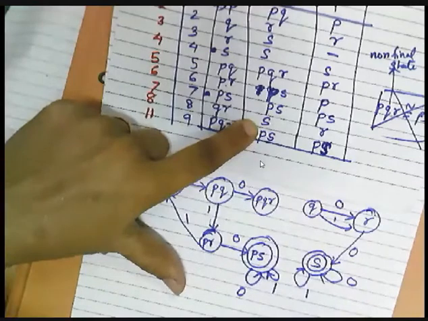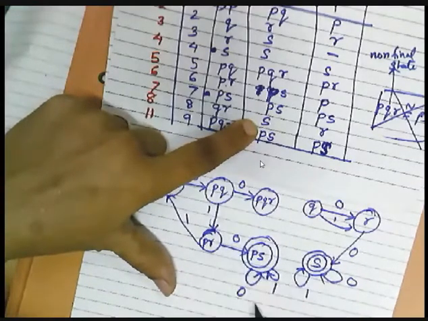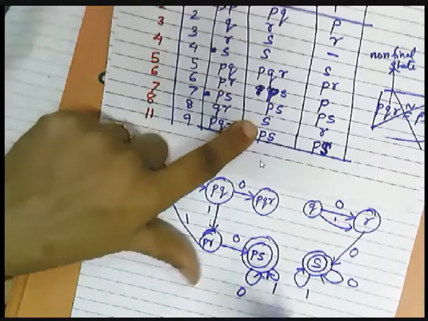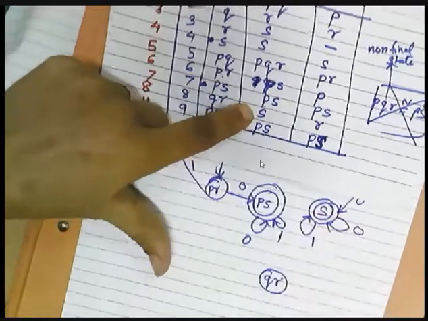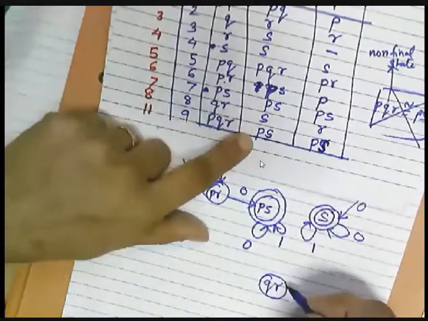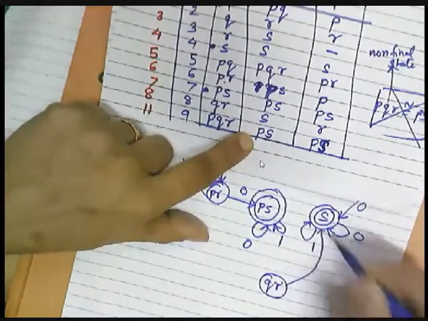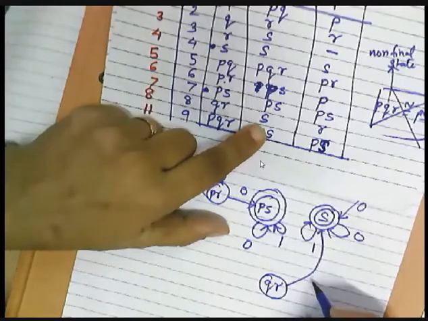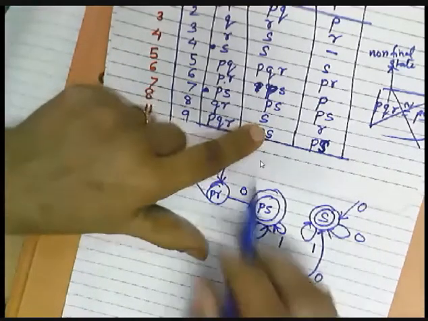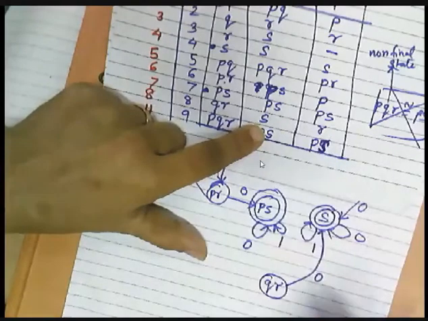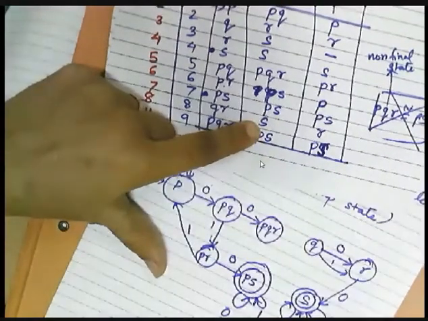So I will make here PQ. This is a QR state. I have made the QR state which on 0 moves to S, and QR on 1 moves to R, right?